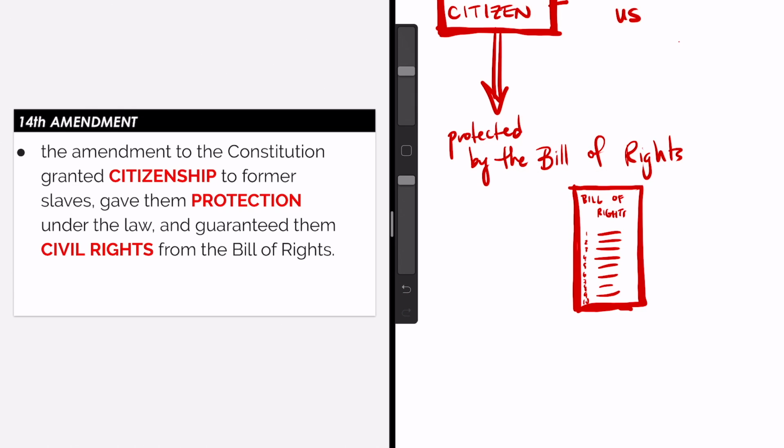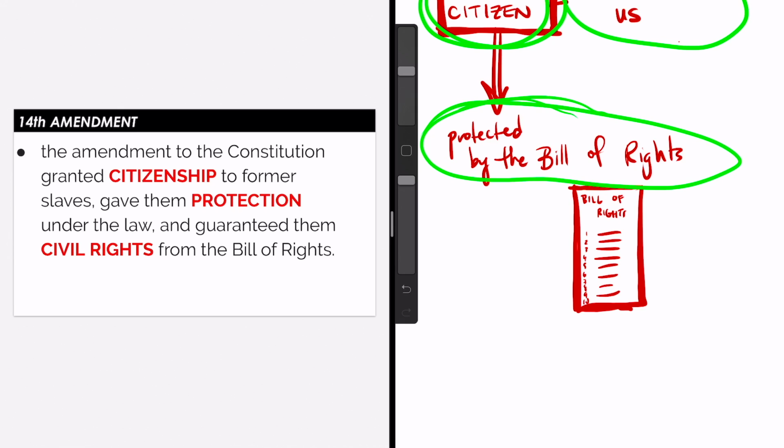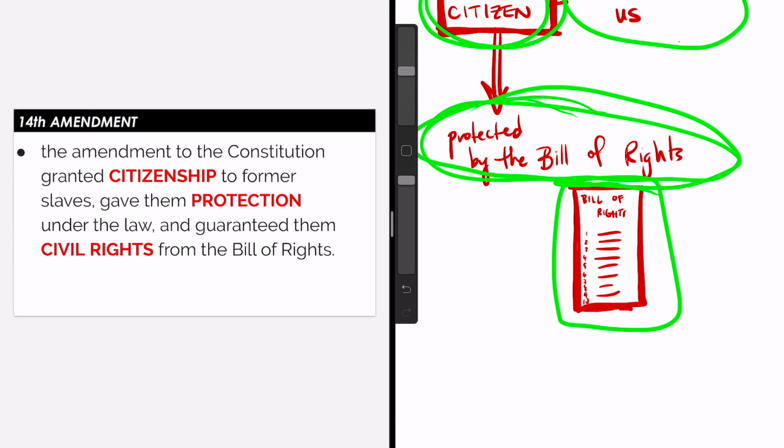If you're an American citizen, you're protected by the Bill of Rights. If you're protected by the Bill of Rights, you have all of these rights here, and the government can't say anything about it. So it's a process of introducing people who were not considered to be even people, much less American, into the government's protection.